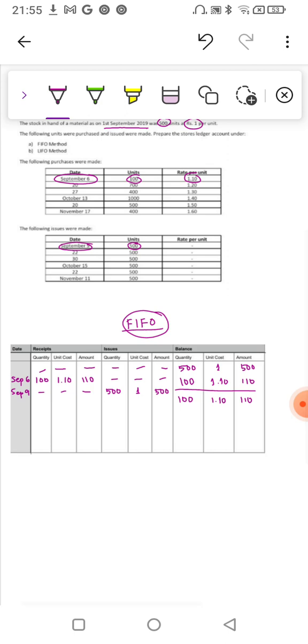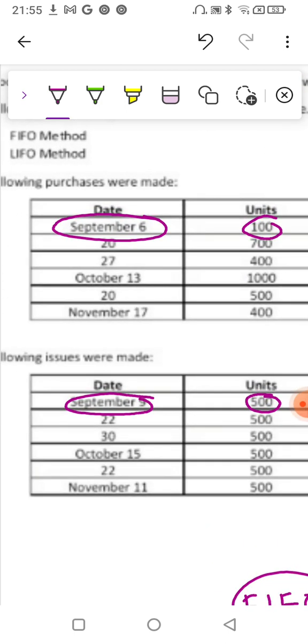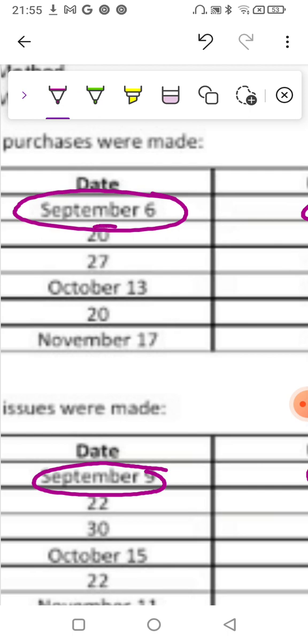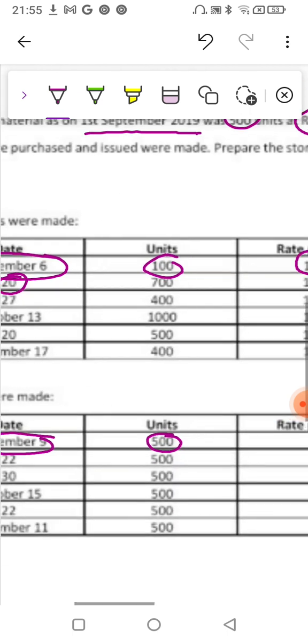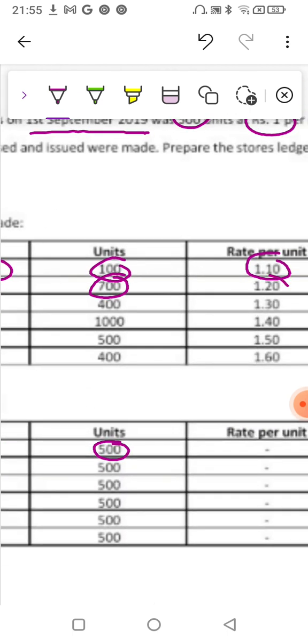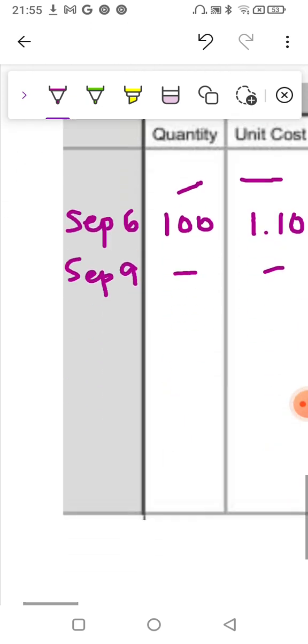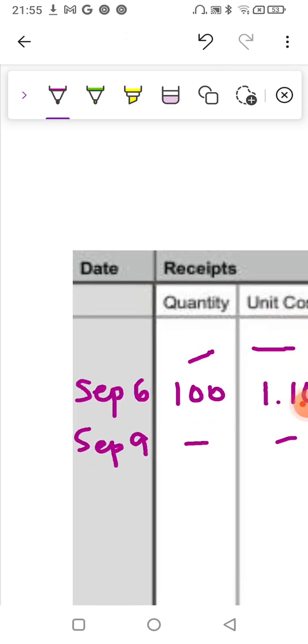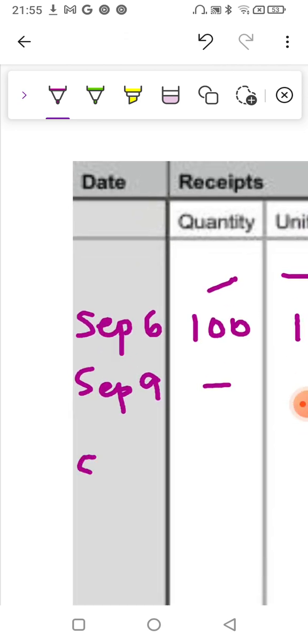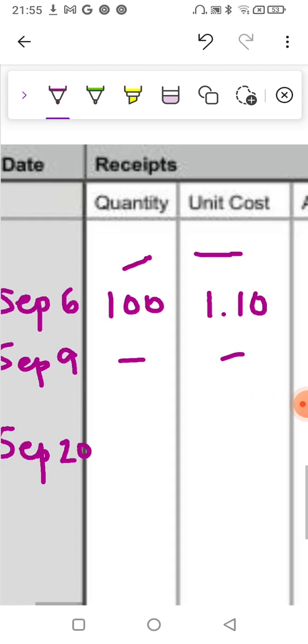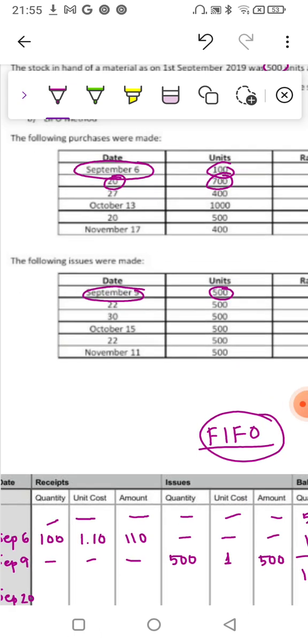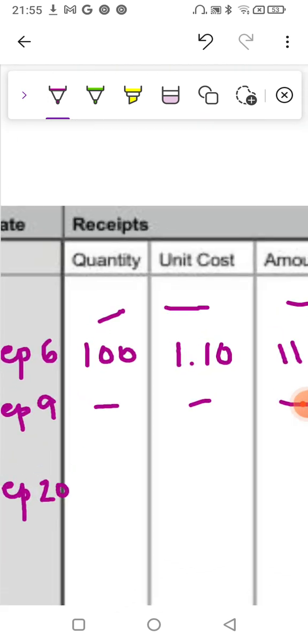Now we are going to move to the next one. The next date that we have is September 20. You can see 20 comes first. So 700 was purchased for 1.20. I had purchased 700 units for 1.20.